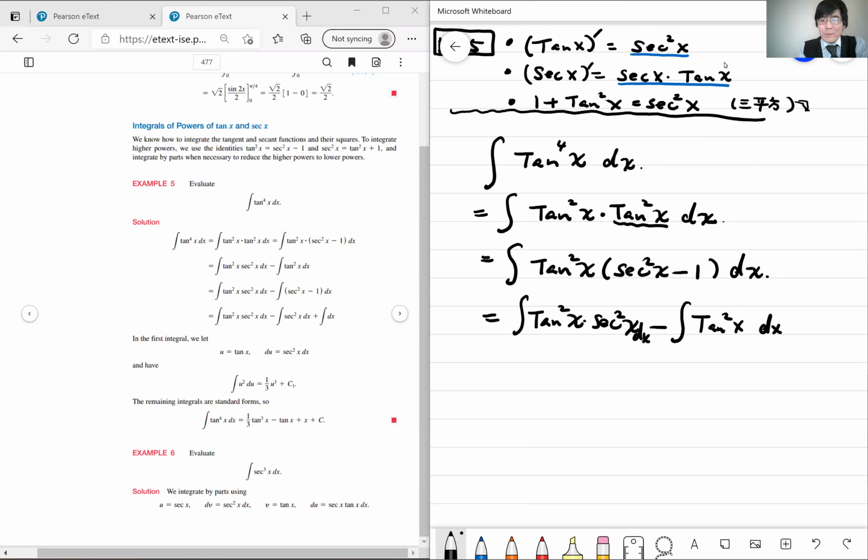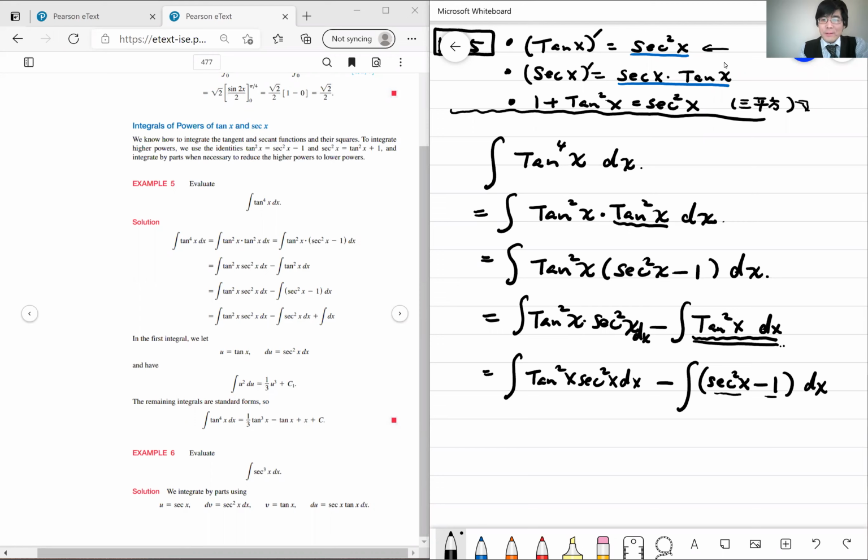Okay. How do we integrate this one? This is easy now because we can change it into secant square. Using the Pythagorean again, it's going to be secant square x minus 1, and both of them we can integrate quickly.